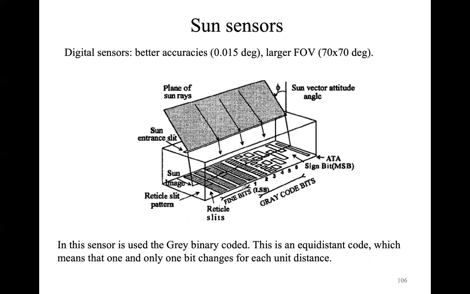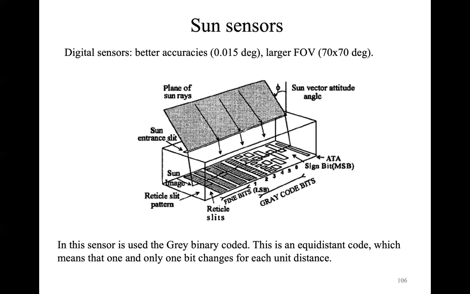It means that you have different columns of bits that provide you information regarding the inclination of the sun with respect to a specific plane. For this one, for example, you need at least 2 of them, because you need to measure phi with respect to the sun sensor head.